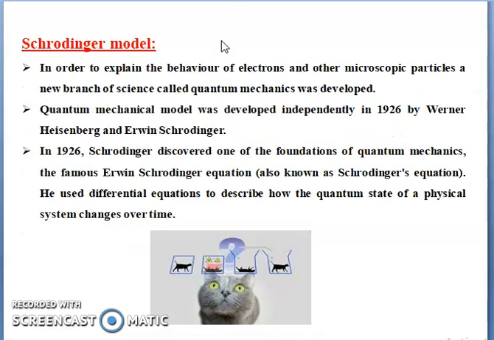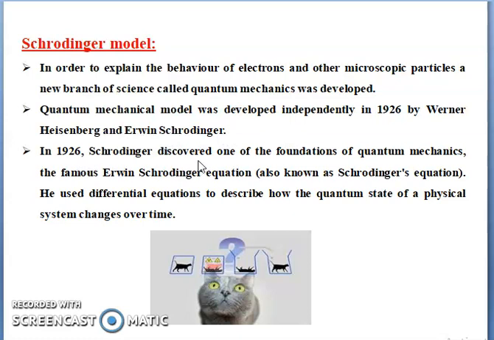Next one is the Schrodinger model. These are very important in order to explain the behavior of electrons and other microscopic particles. A new branch of science called quantum mechanics was developed. The quantum mechanical model was developed independently in 1926 by Werner Heisenberg and Erwin Schrodinger.